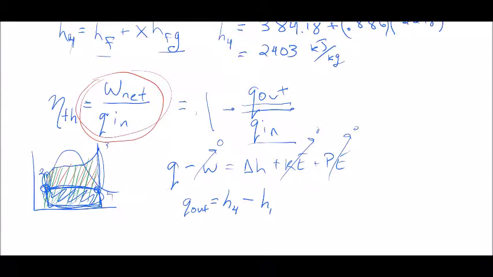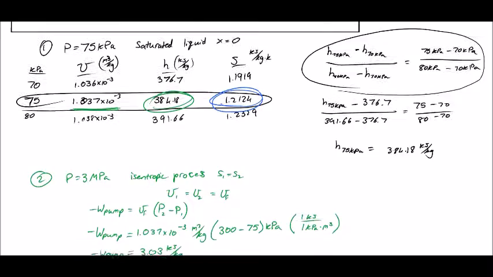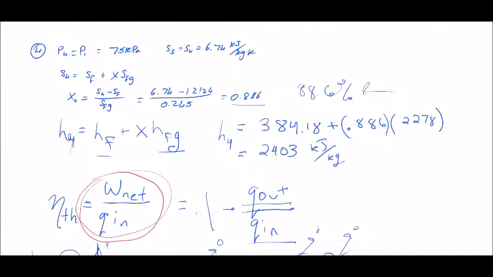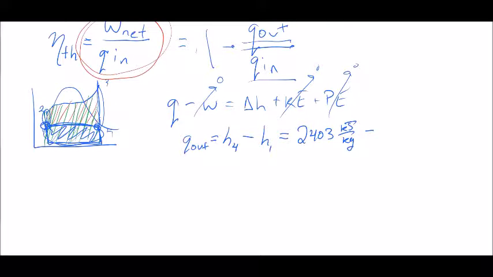Great. Now, you're going to say, where do I get these values? Well, congratulations, you fixed all these states. They're right above you. So we know that H4 is 2,403 kilojoules per kilogram, and H1, if we scroll on up, is right here, which is 384.18 kilojoules per kilogram.